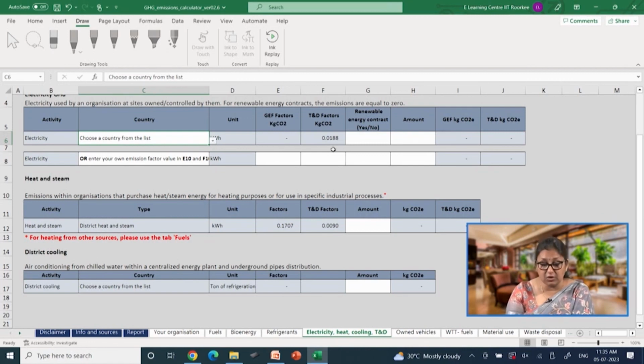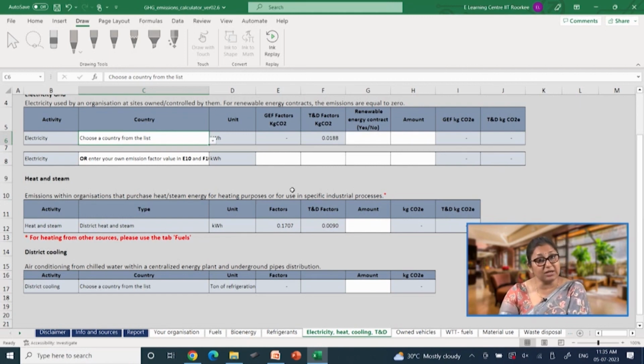It adds it automatically in case there are renewable energy contracts. So, though we are purchasing it from the grid, we also have a renewable energy contract, which means that we are paying to produce renewable energy somewhere or are purchasing a part of the electricity as renewable energy.